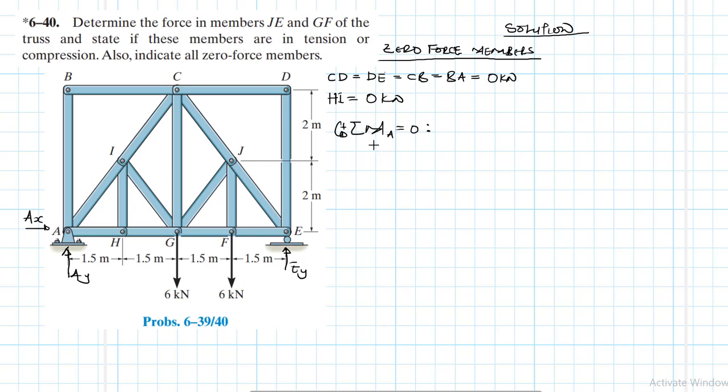So summation of moments about point A. What do we have? In this particular case, assume these members are 0. These are not there. These are all zero force members, the ones I'm cancelling out. What has remained is what we are seeing right now.